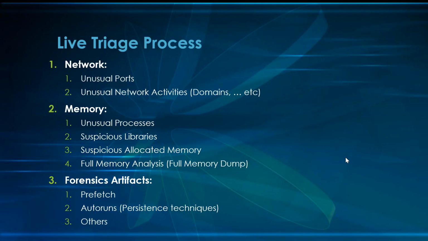For the memory part, we can look for unusual processes, applications that are running in the system that we don't know about. Maybe not all the processes are legitimate, but there are unknown libraries being loaded inside of them that are not in System32, but in different paths writable by the user, something like application data, documents, whatever folder might be writable by the user.